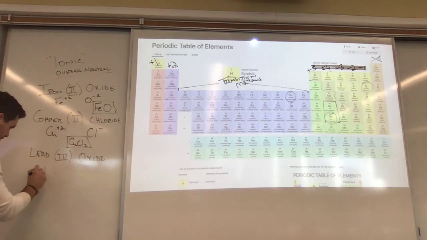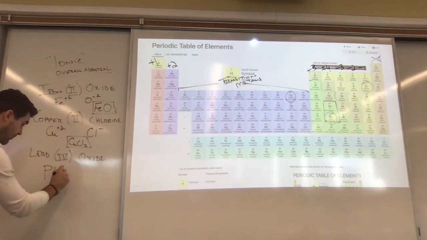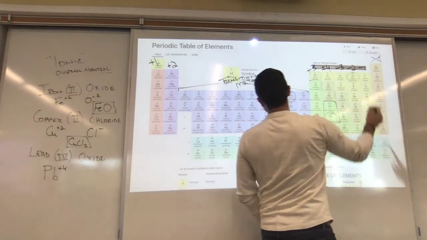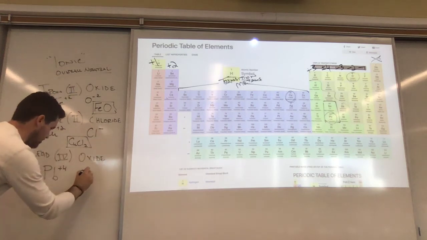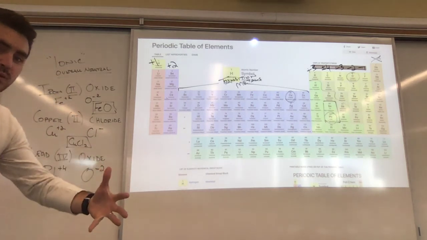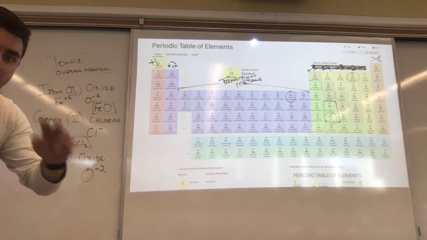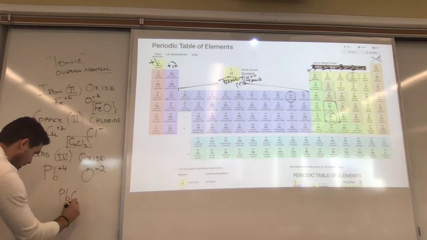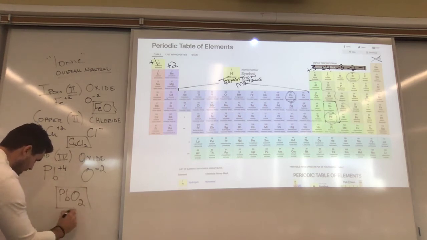So Pb, that's lead like peanut butter, +4. Oxygen is -2. How many oxygens will I need to balance out the lead? I'll just need 2. PbO2. 2 oxygens to balance out the 4 charges on my lead.